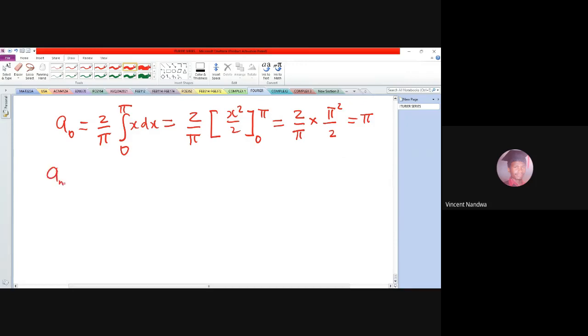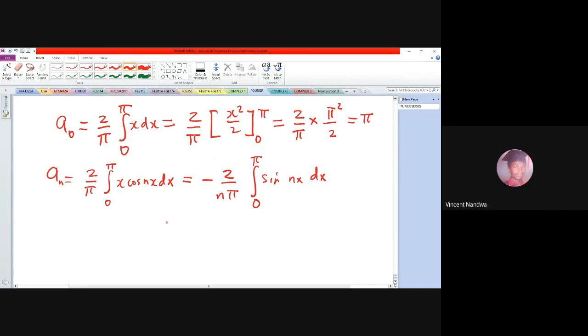And then a n will be 2 over pi, integral from 0 to pi of x cosine nx dx. This will give you minus 2 over n pi, integral from 0 to pi of sine nx dx. Remember, we are using integration by parts, and when you put in the limit, then u times v is 0.